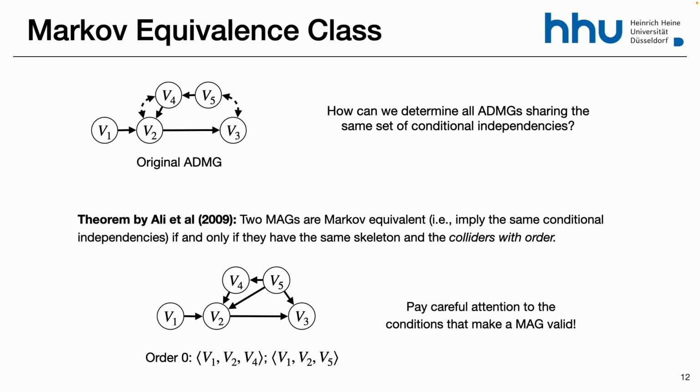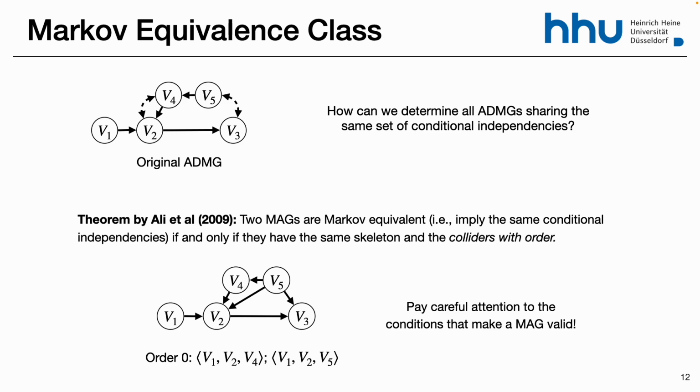I will never, I guess, cover the case of undirected edges. But that is this case: if you have undirected edges, you cannot have arrowheads pointing into undirected edges, so you have a selection bias. Maybe I should start covering it now. If you have an undirected edge, you cannot have a spouse or a parent of a node that is part of an undirected edge. That's the third condition.